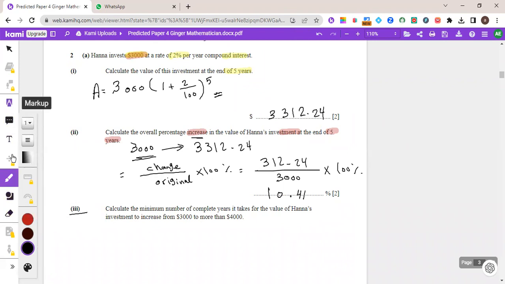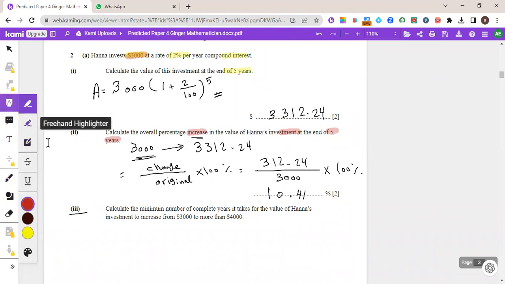Okay, triple I. Calculate the minimum number of complete years it takes for the value of Hannah's investment to increase from 3,000 to more than 4,000. Okay, so I need the amount to reach more than 4,000.